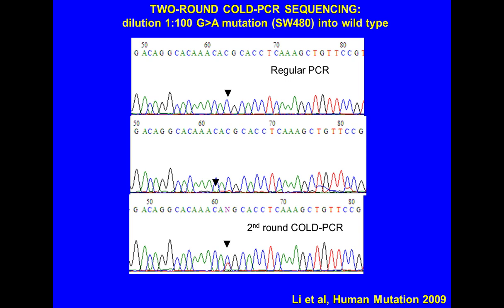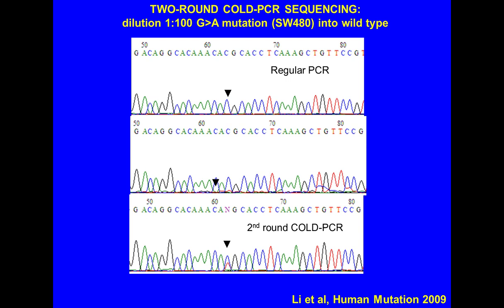And that's important to state that during COLD-PCR, since you are doing continuous cycling, you may have a polymerase introduced error. So if an error is introduced, say at cycle 5, then this false mutation will also be enriched during COLD-PCR.